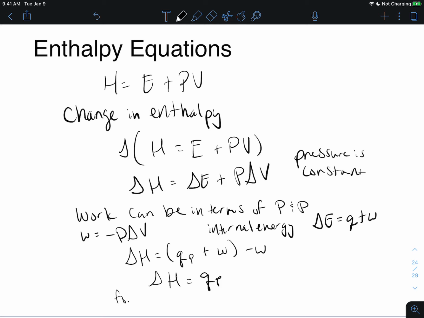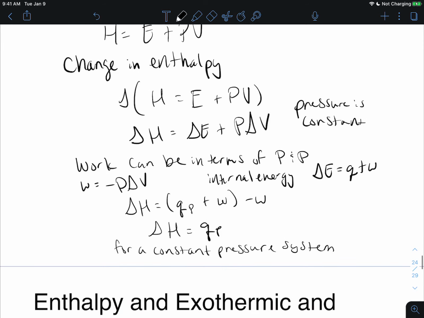So for a constant pressure system, we have our heat flow, Q, equal to our enthalpy. If we do not have a constant pressure system, we do not have this being true.